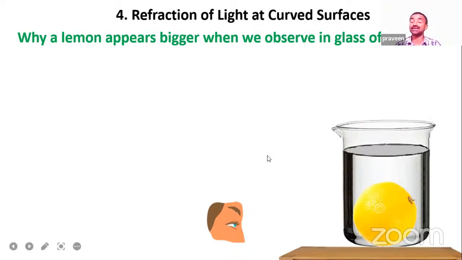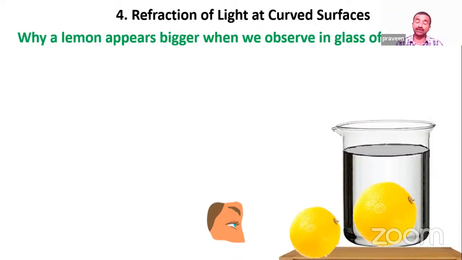The size is bigger, an enlarged image is formed. Compare the sizes: the same lemon outside the glass has a smaller size compared with the lemon completely immersed in the water. We will get the reason for that using the ray diagram.